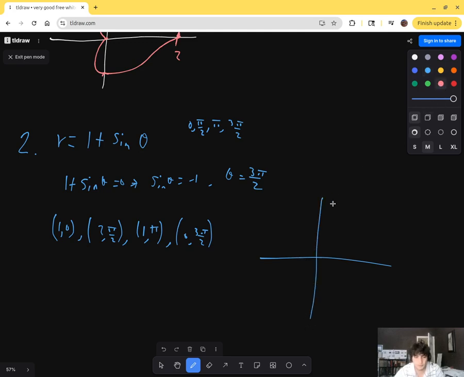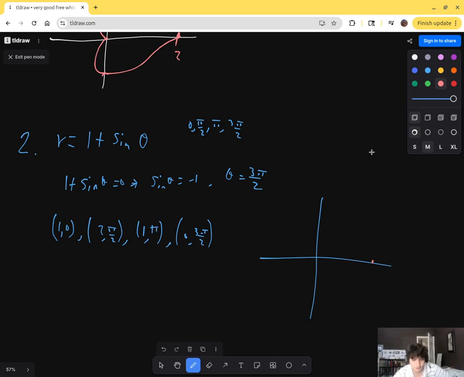1, 0 here. It's kind of hard to remember that this isn't Cartesian coordinates, right? It's not 1, 0 where 0 is the y-axis in Cartesian or rectangular coordinates.